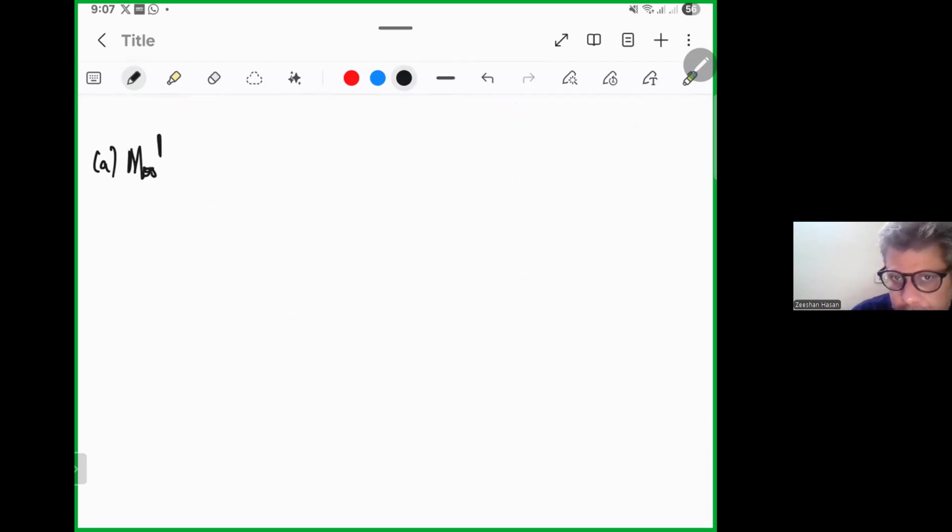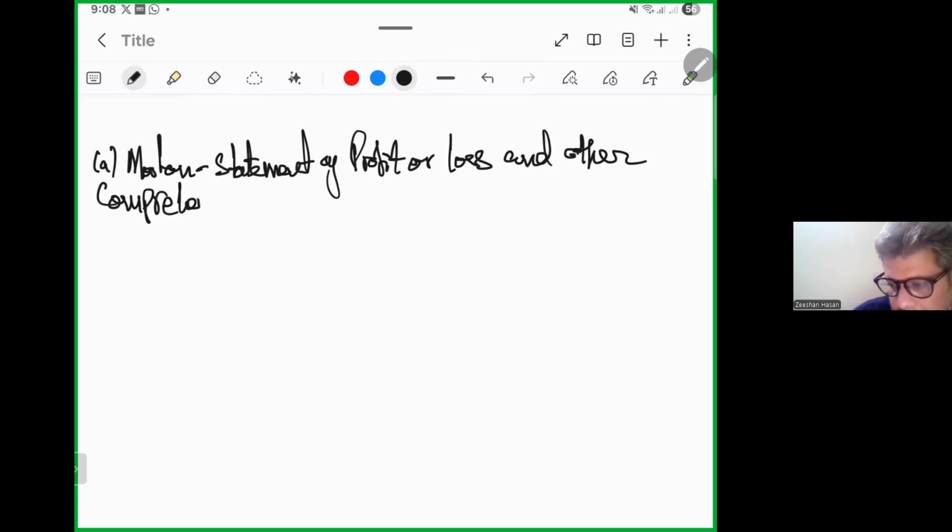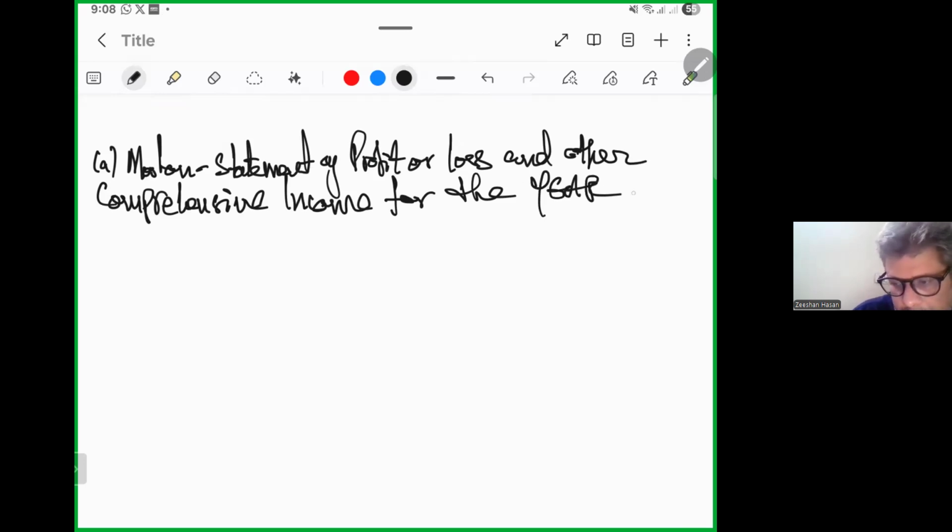Now, Moston, statement of profit or loss and other comprehensive income for the year ended 30th June 2005.